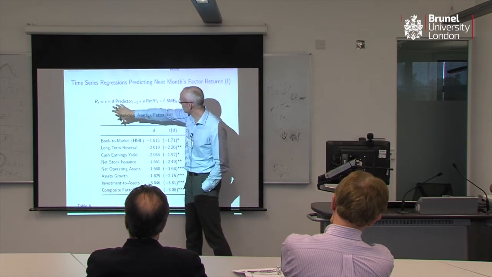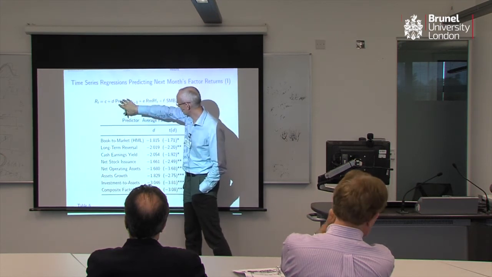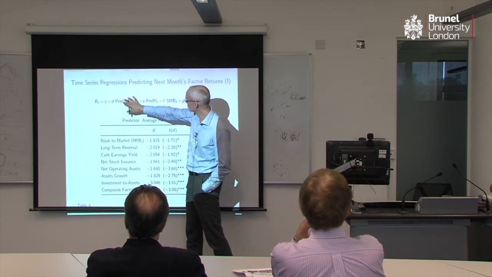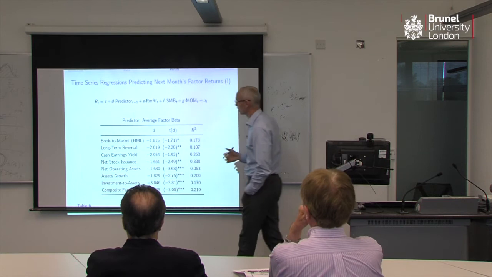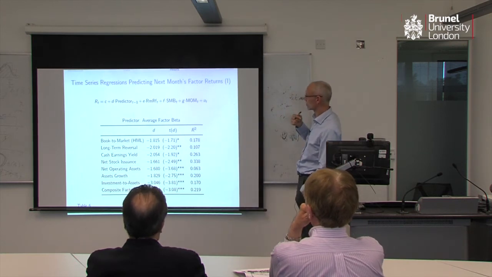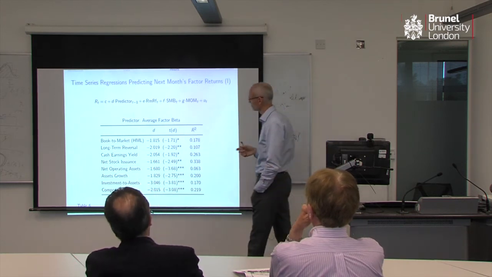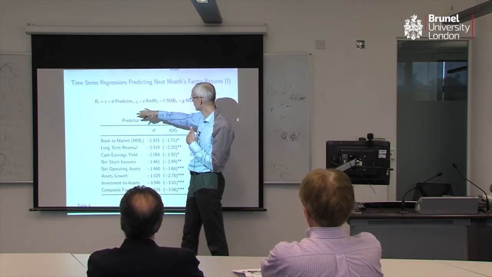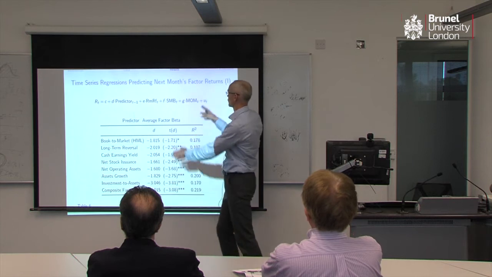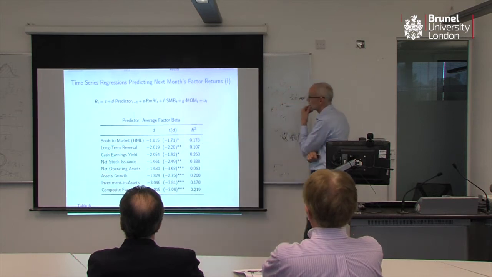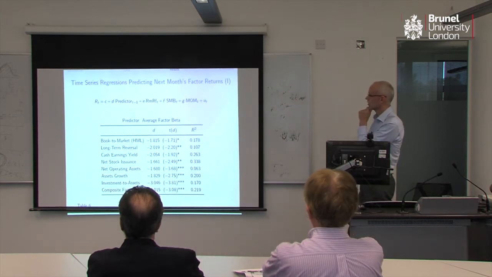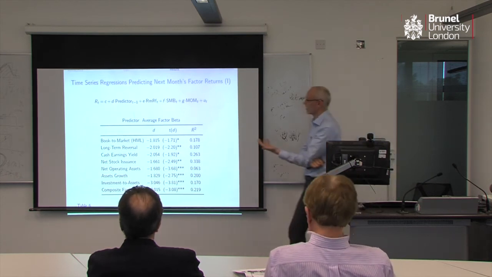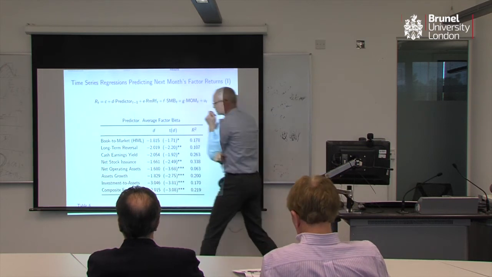This would be either the average of the betas, or the relative volatility, or the dispersion of those, or the first principal component. This is the basic specification, and we control for the standard Fama-French variables, except for HML, because we have HML in the predictor.